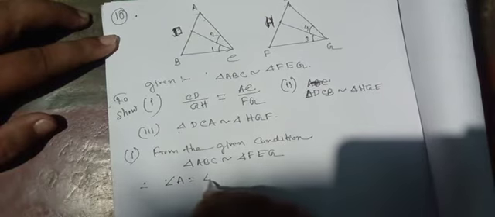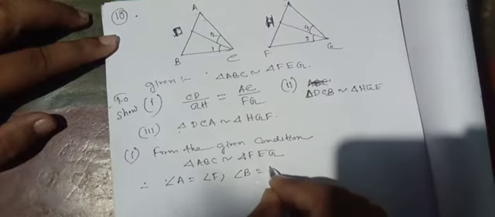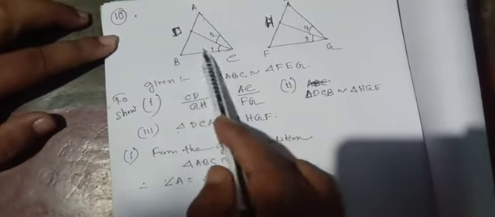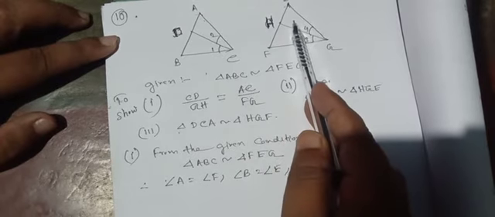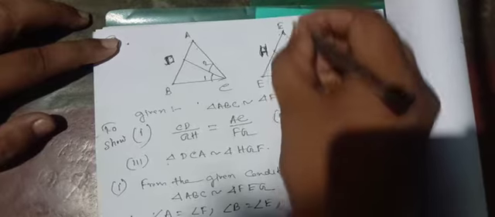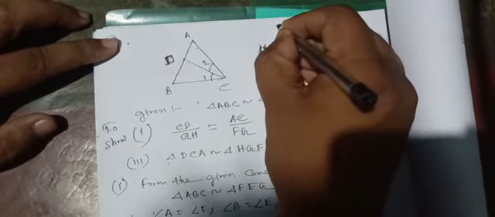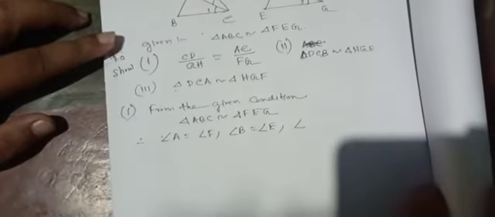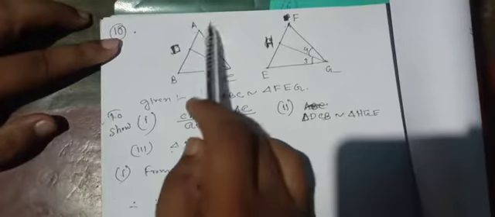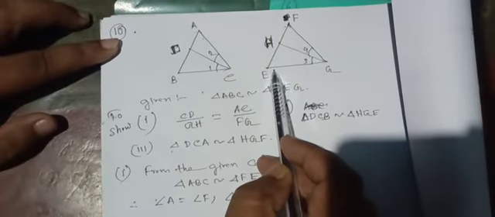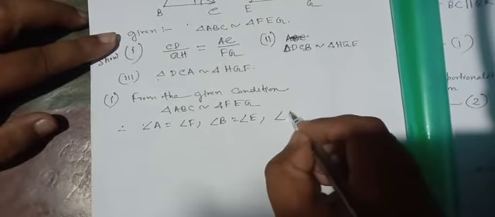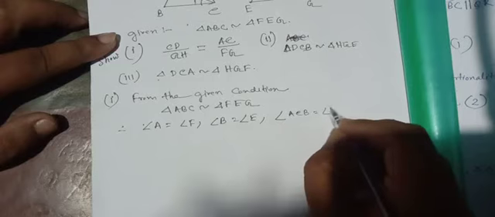Therefore angle A is equal to angle F, angle B is equal to angle E, and angle C, or angle ACB, is equal to angle G, angle FGE.